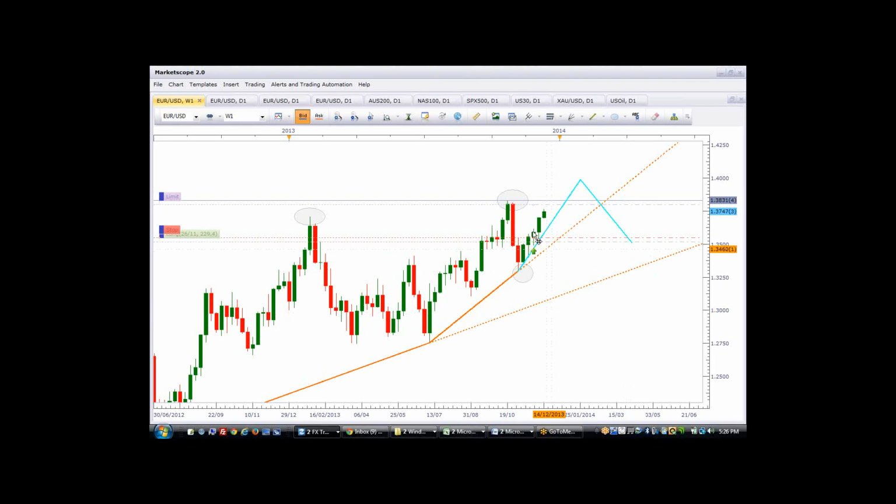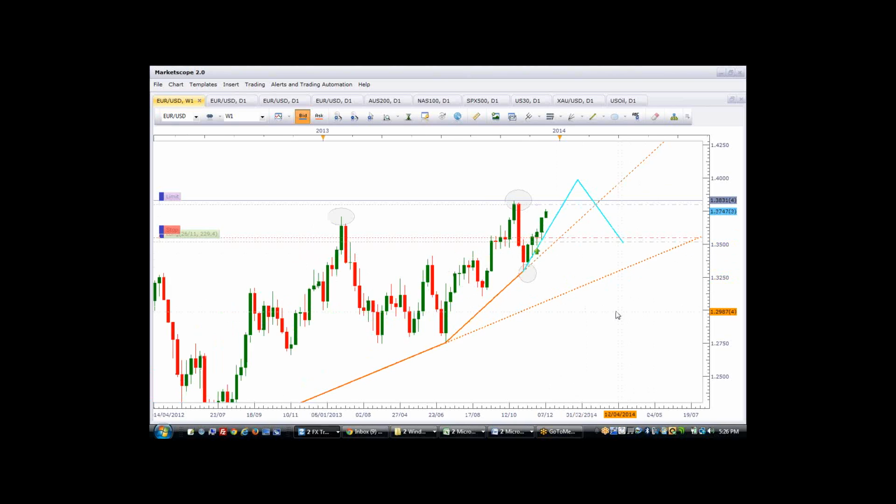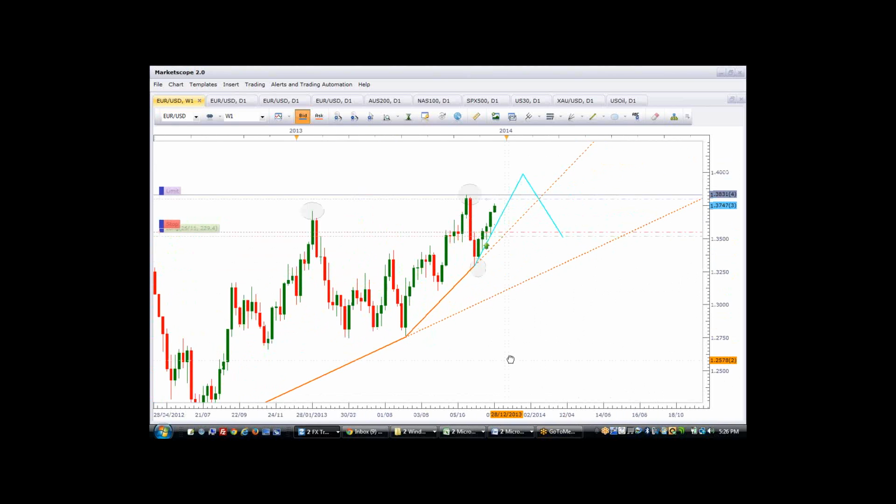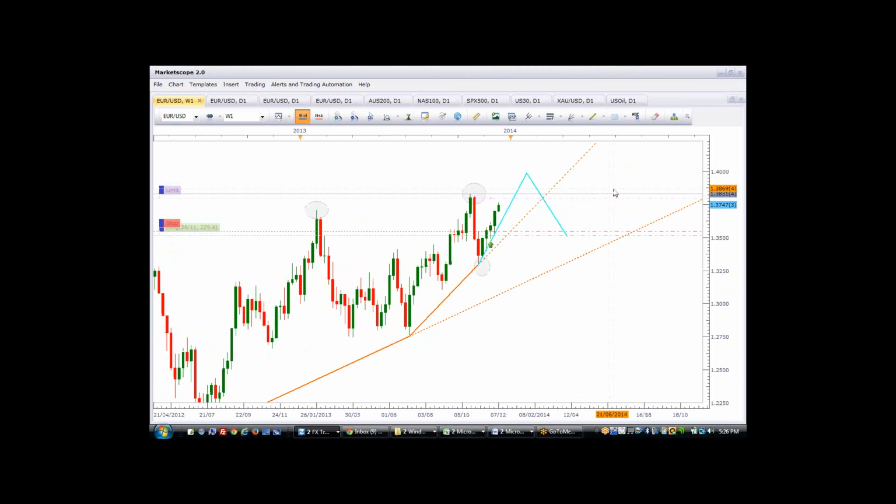Okay, so just to touch close to this uptrend line right here, which is our primary uptrend line here, and then probably another move to the upside like that.